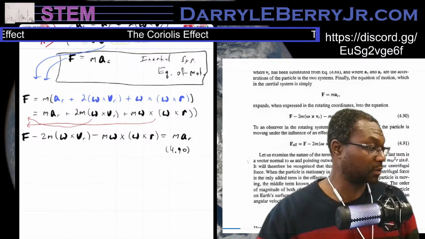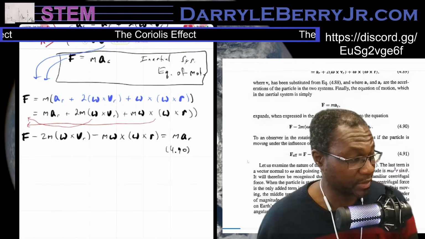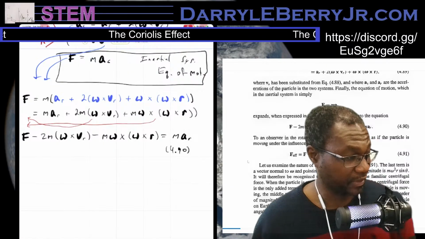To an observer in the rotating system, it therefore appears as if the particle is moving under the influence of an effective force F effective.